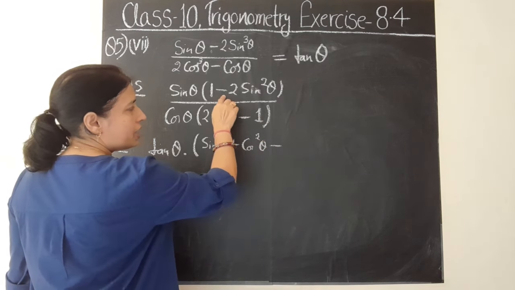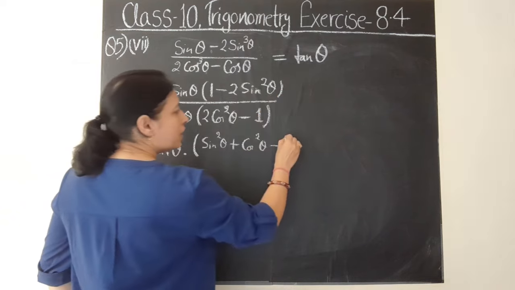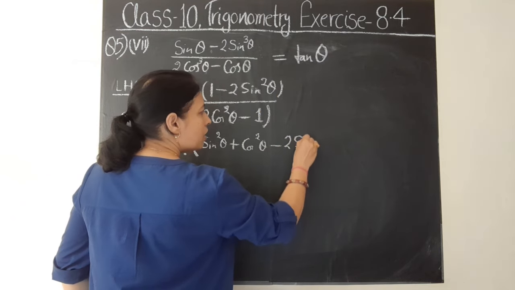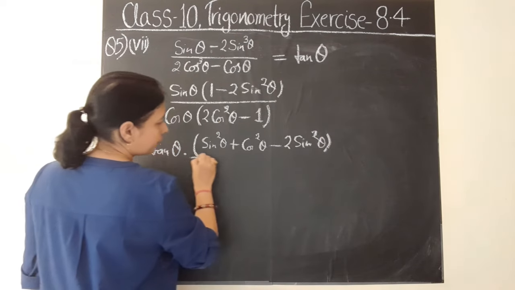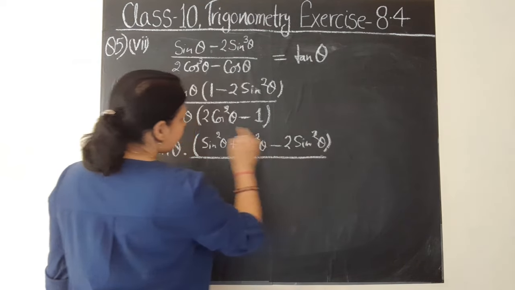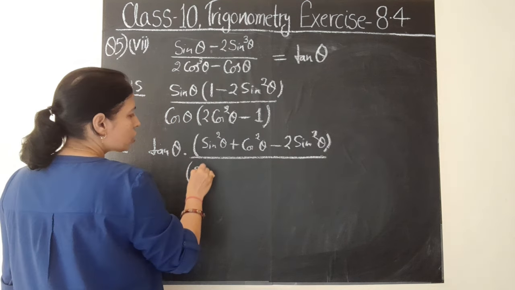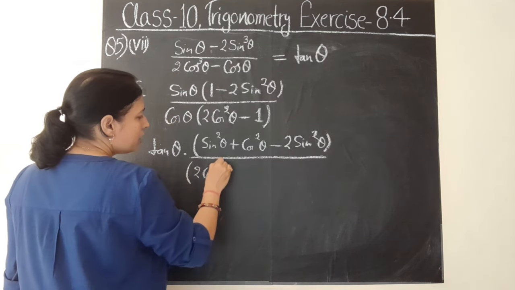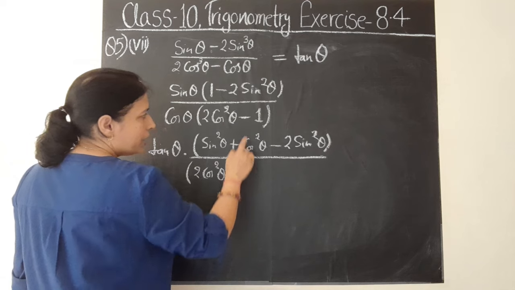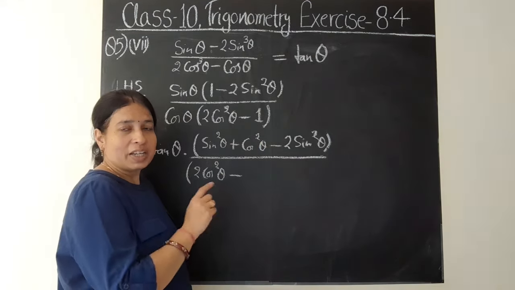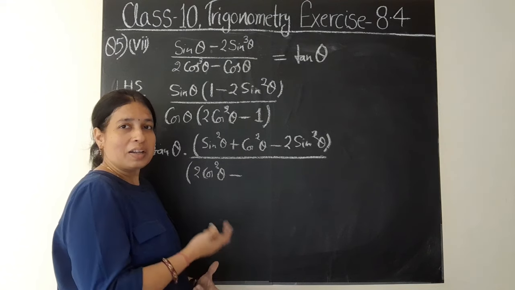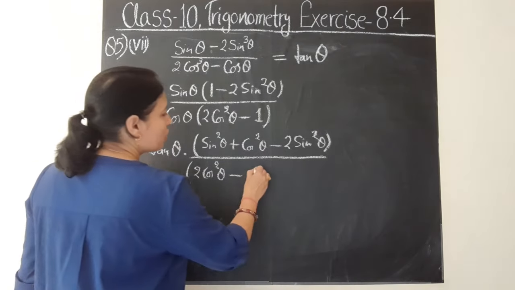And then write this minus 2 sin square theta as it is. Then divide this. Here it is 2 cos square theta. So write 2 cos square theta. Here it is minus 1. So in place of minus 1 we can write minus sin square theta minus cos square theta. So write here.